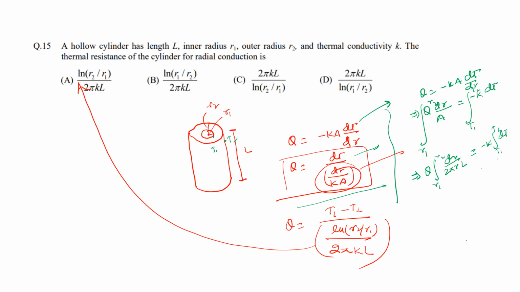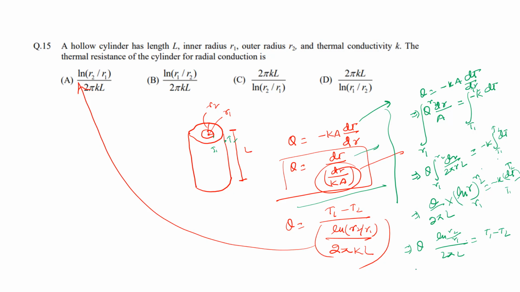So we can write Q by 2 pi L times the integral of dr by r, which is ln r from R1 to R2, equal to minus K dT from T1 to T2. So from here Q ln(R2 by R1) by 2 pi L is equal to T1 minus T2.